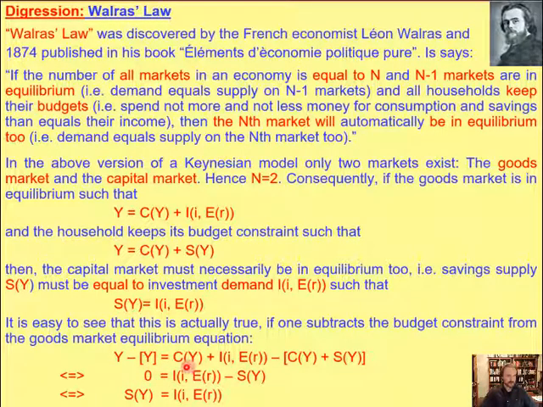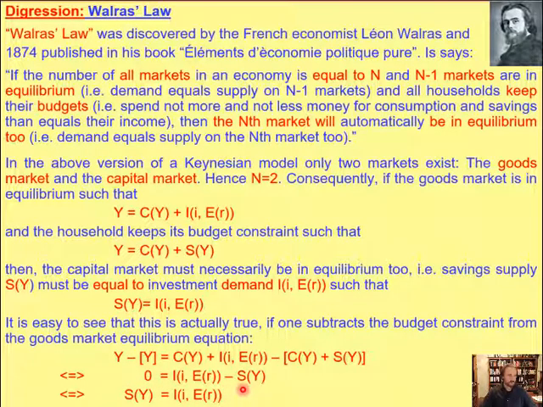And on the right side we have consumption demand plus investment demand minus consumption demand minus savings. So consumption demand minus consumption demand is 0, and as a result what remains is investment demand minus savings, which must be 0, since we have found that GDP minus GDP is 0.